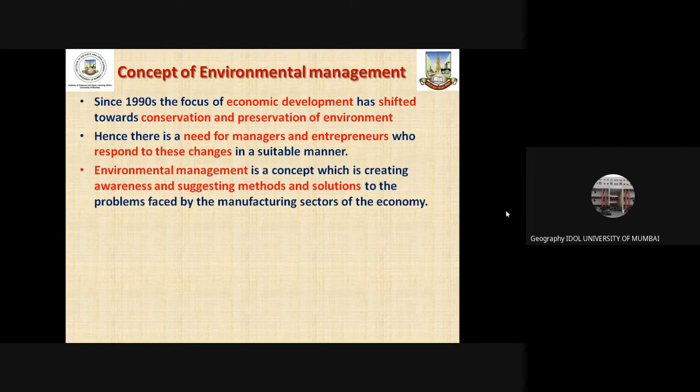Therefore, environmental management includes not only the awareness part, but also various technologies, methods, and legal aspects.